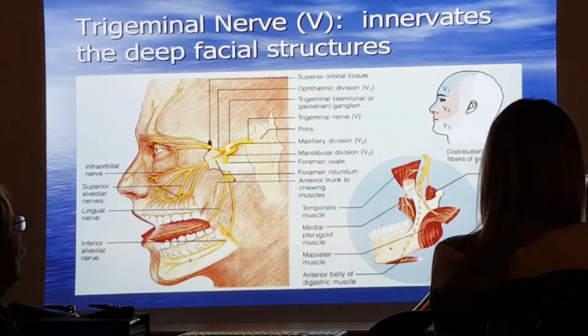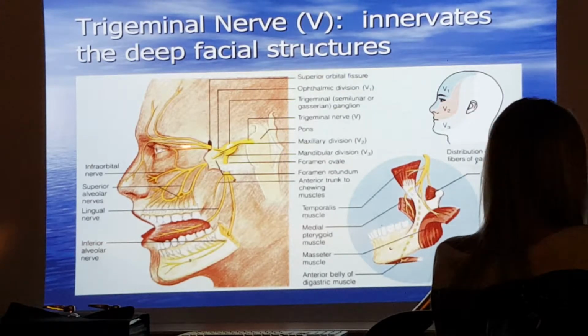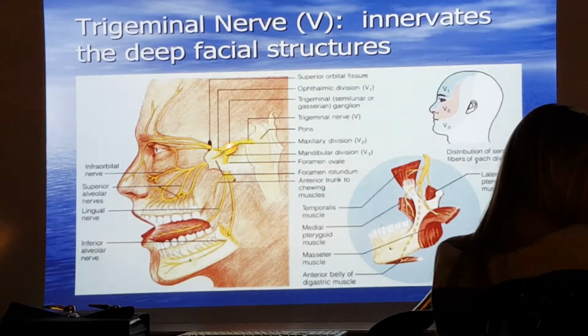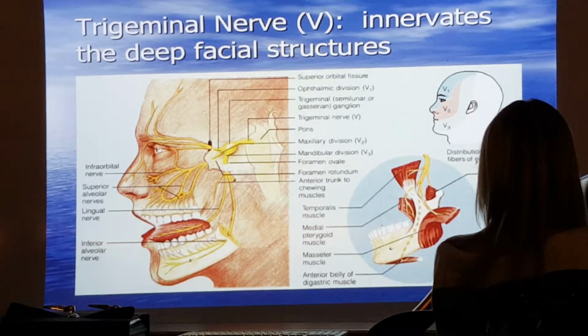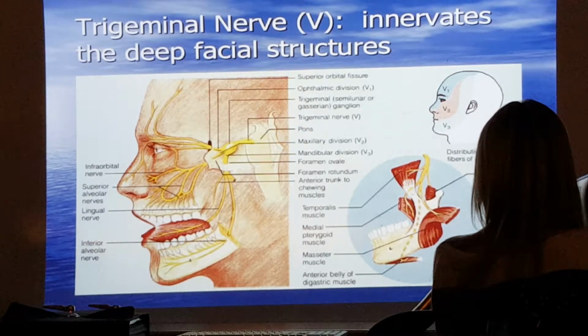You'll want to know the holes that these branches pass through. It innervates basically deep facial structures like muscles, both sensory and motor.